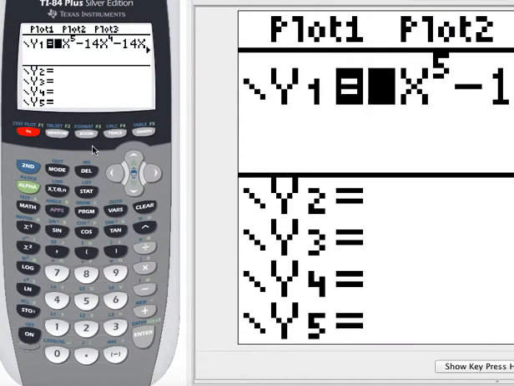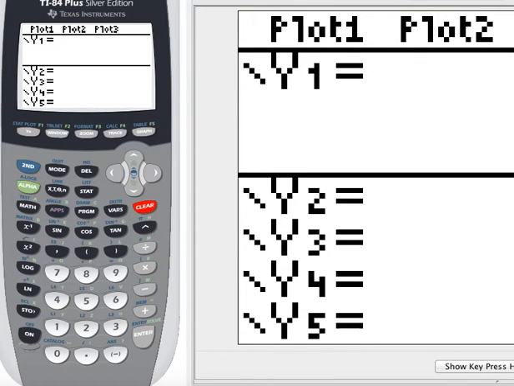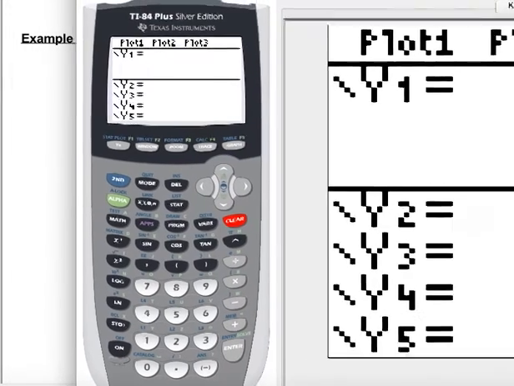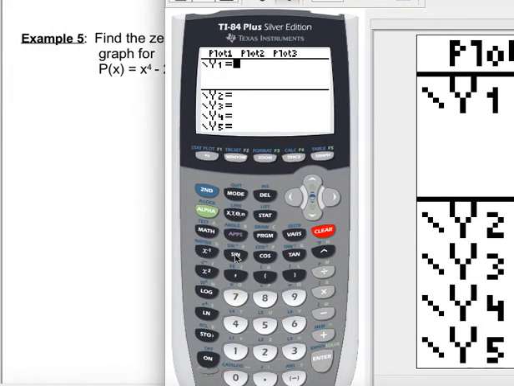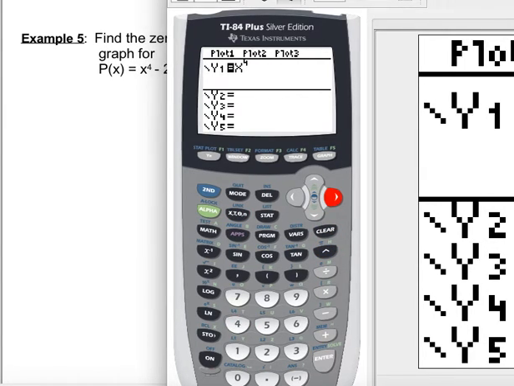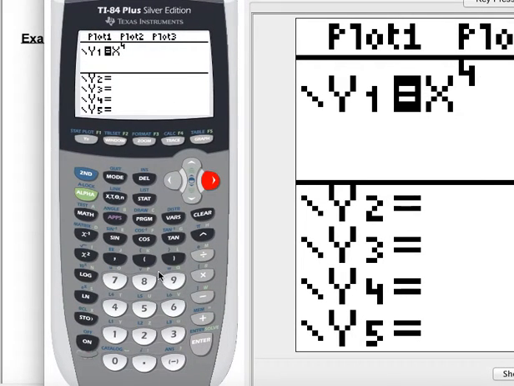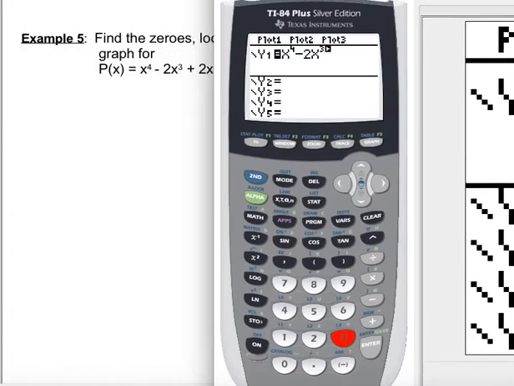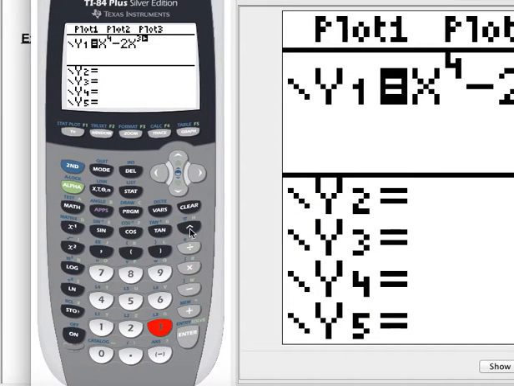So I'm going to go to my y equals here, clear this out of here. We've got x to the fourth, and then it is minus 2x to the third, plus 2x minus 1.